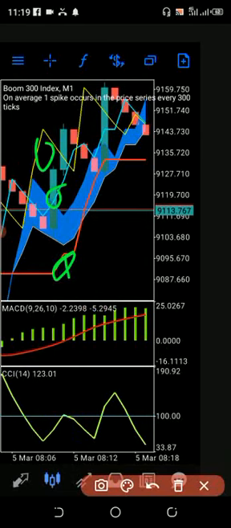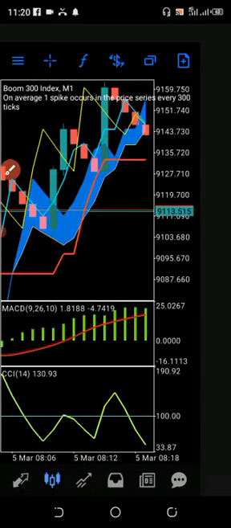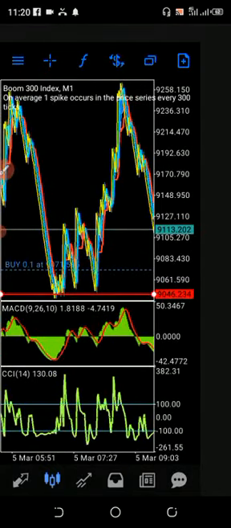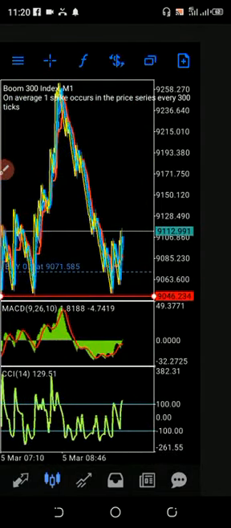Now let's reduce the screen to the minimum. Look at it. Have you seen it? Now, what do you see? I'm just talking about the main chart now. I have not even entered on MACD and the CCI.